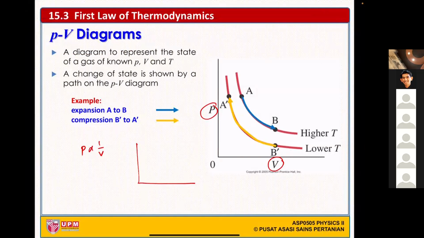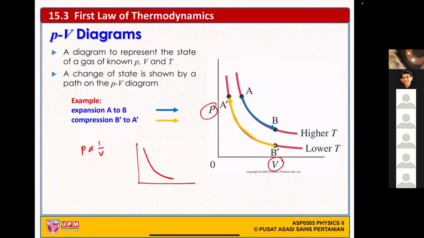So, kalau kita buat graf P melawan V, dia akan jadi macam ni lah, betul tak? Inversely proportional lah. Memang inversely proportional. Dia akan jadi graf kuadratik macam ni lah.